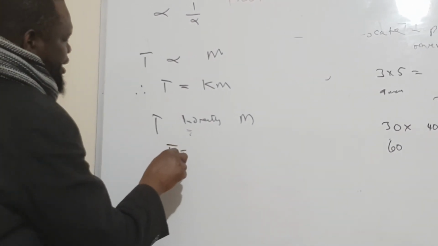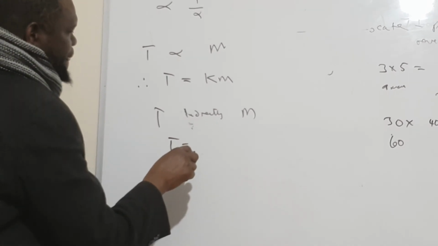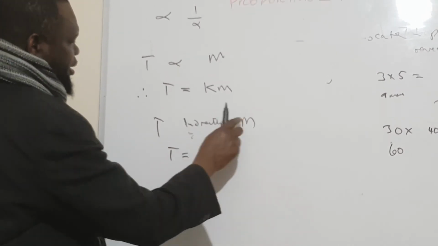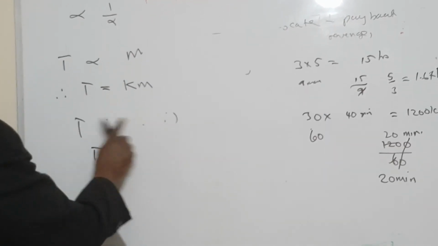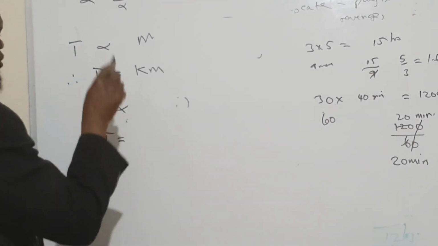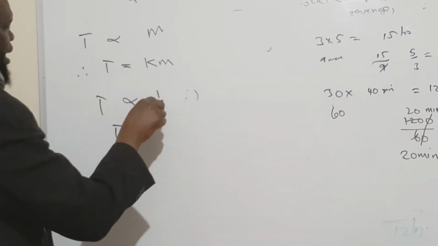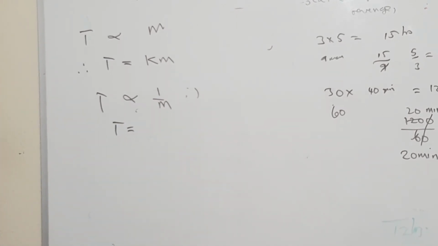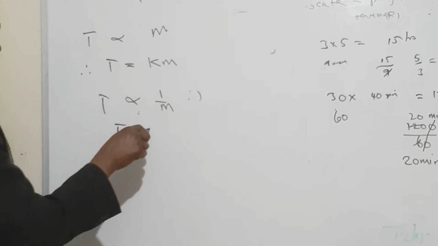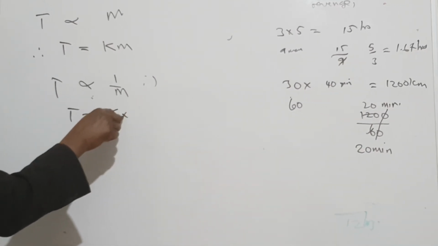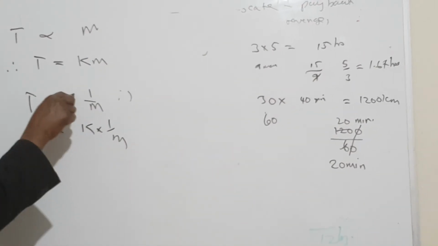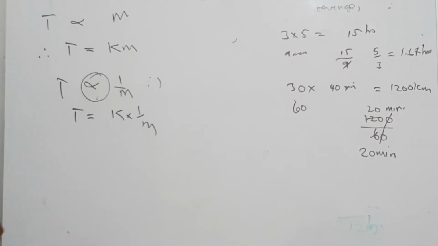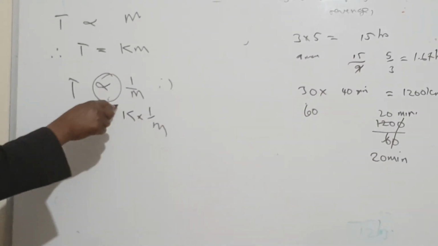that means T is equal to 1 over M, inversely proportional. So T is equal to K, a constant, times 1 over M. When you take out the proportional sign, you add a constant.